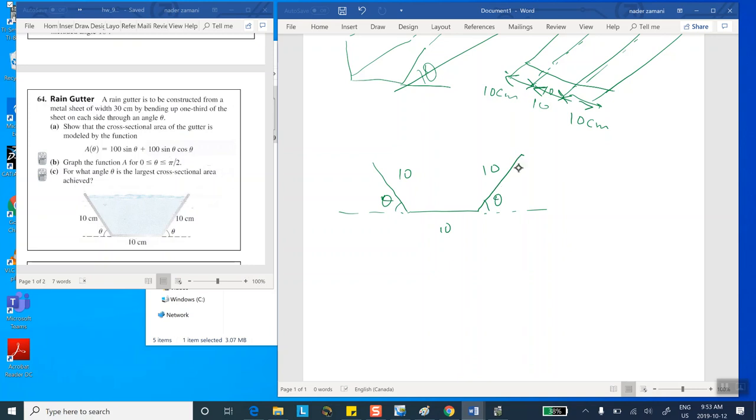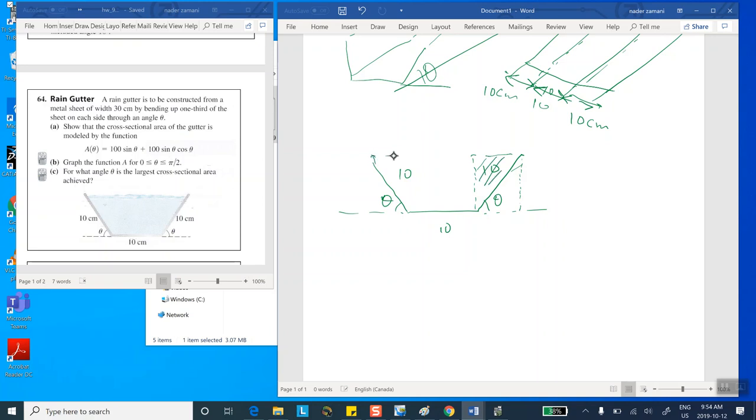Now, the area of this piece, if you look at the area of this particular side, there's different ways of doing this problem, but one of them is to do it like so. See now, this area is the same as that area.